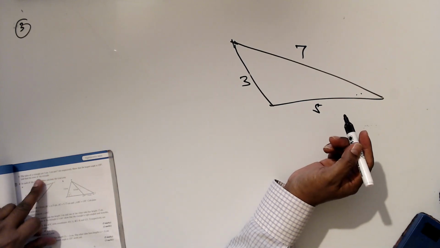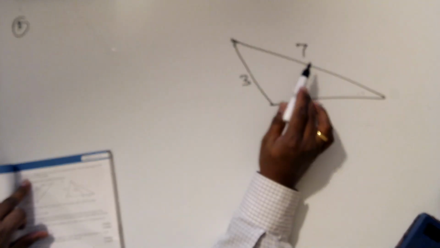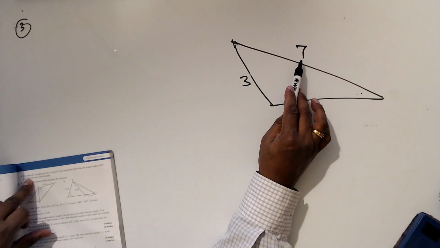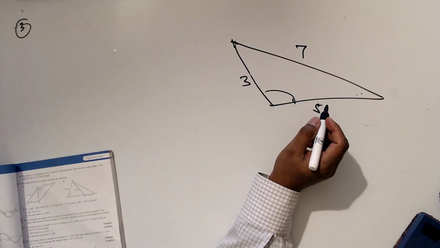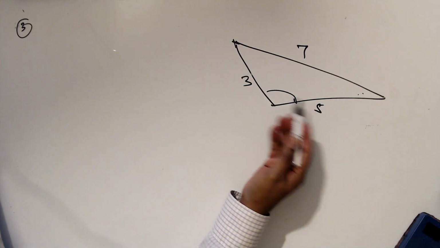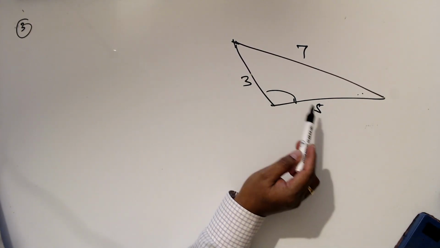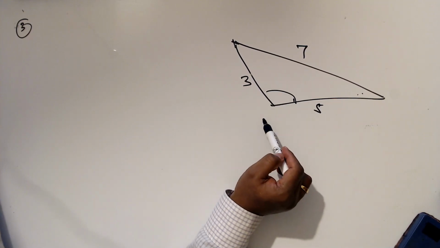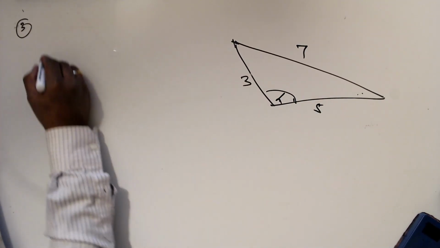Now we want to find the largest angle. The largest angle lies in front of the largest length, so it is this one. It is clear that we need to apply the cosine rule, because we know three sides, and this is the one we want to find. Let's say alpha.